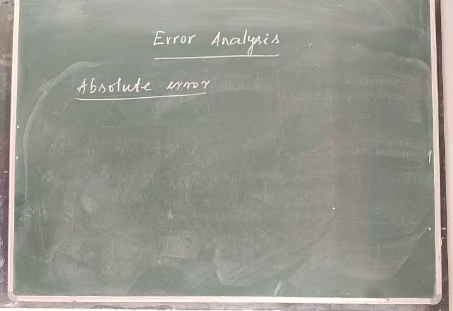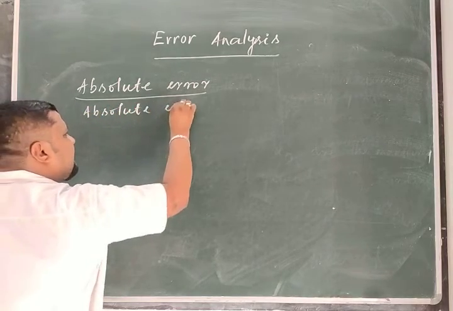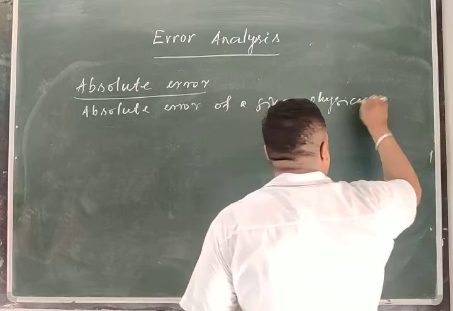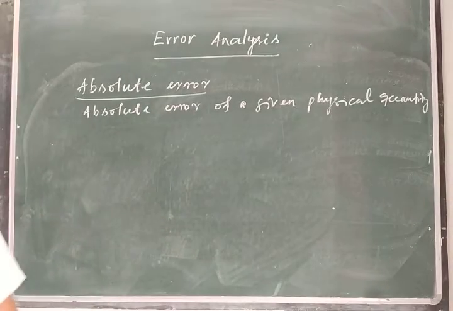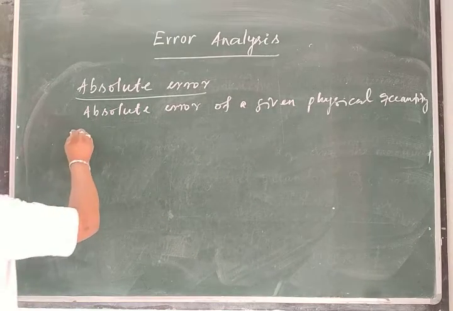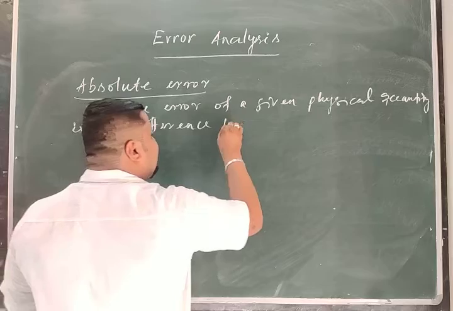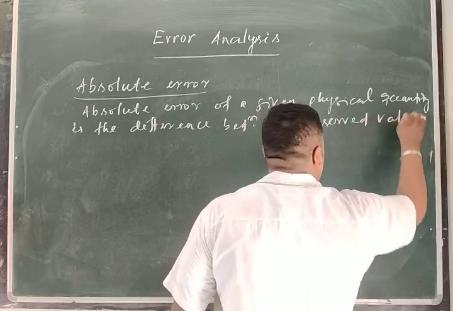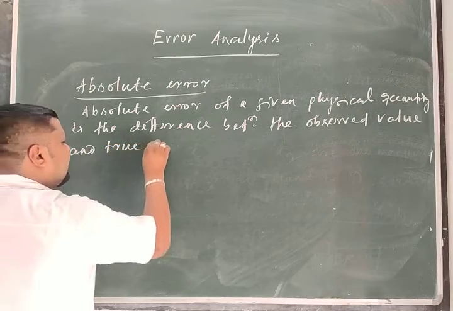Absolute error of a given physical quantity is the difference between the observed value and the true value.